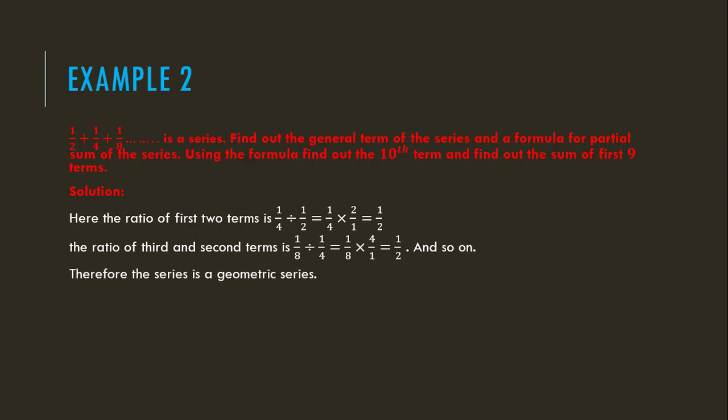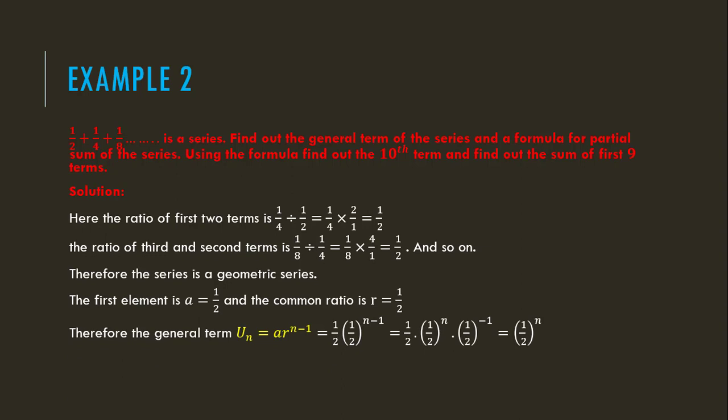So we can say in this series the ratio between two successive terms is constant. So the series is a geometric series, and the first element is half and the common ratio is half.